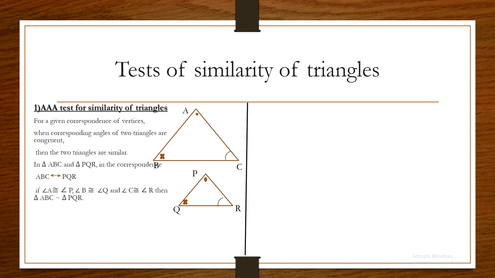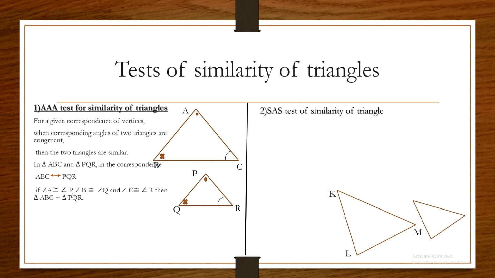Now let's take the second test, SAS test of similarity. Here one triangle is given, triangle KLM, and another triangle, RST.